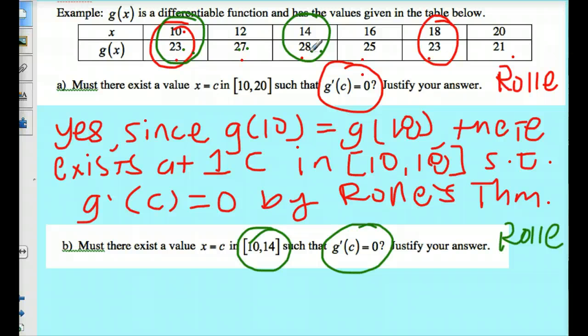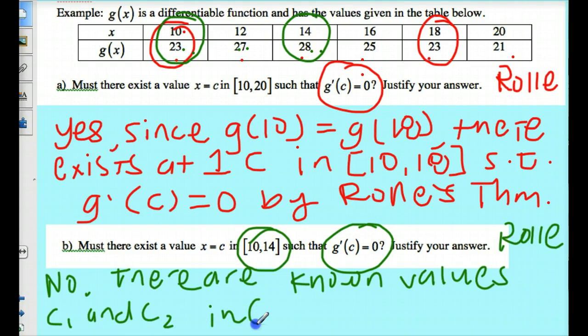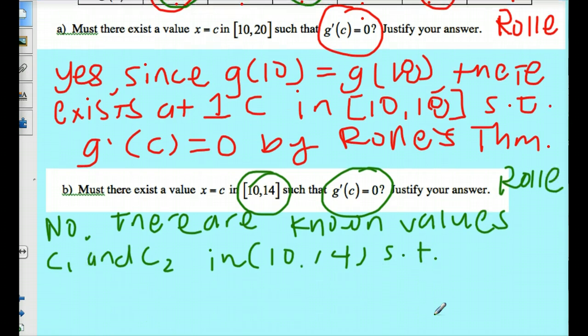So to answer this question, we would say no, there are no known values. There may be values, but we are not positive that there are values c1 and c2 in between 10 and 14 such that g of c1 is equal to g of c2.